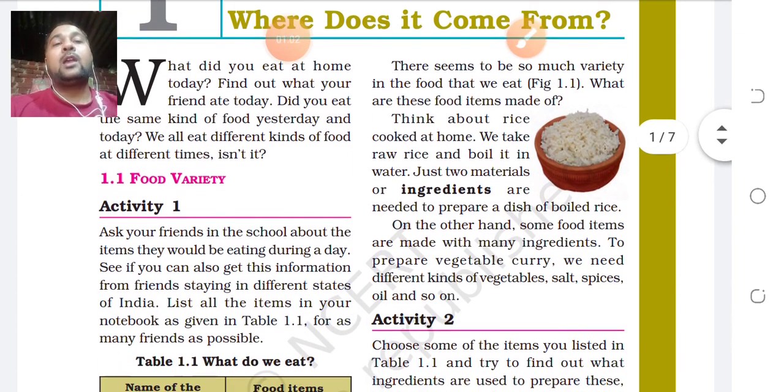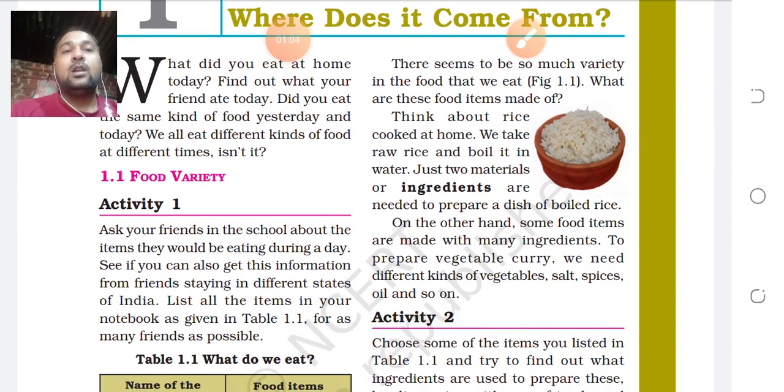So activity 1: ask your friend in your school about the items they would be eating during a day. Activity 1 is given simply, I will tell you in short. In this activity you have to find out your friends who are living outside of your state, because whenever the state is changed, the food varieties also change.